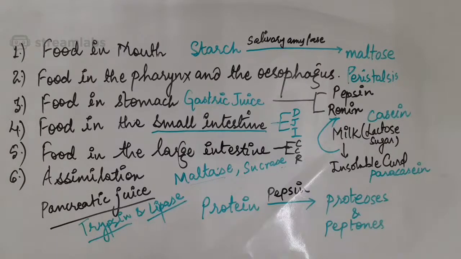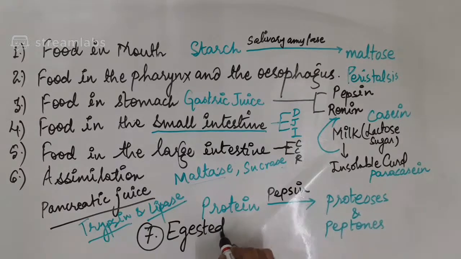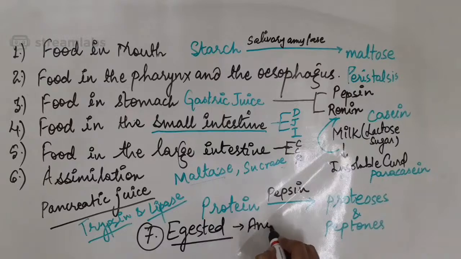Reabsorption of water gets completed and the energy production by the absorbed food is done, and this is called assimilation. After all this, the food gets egested out of the body by the anus.